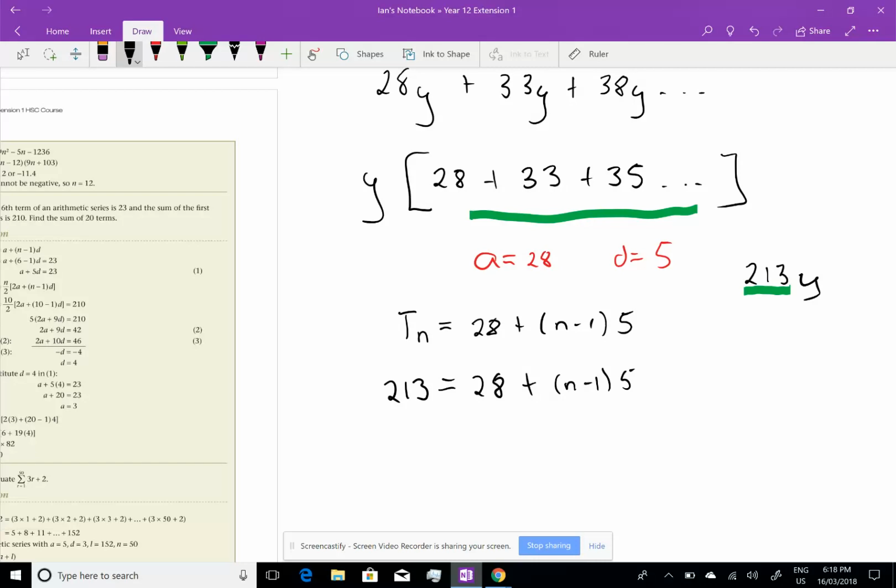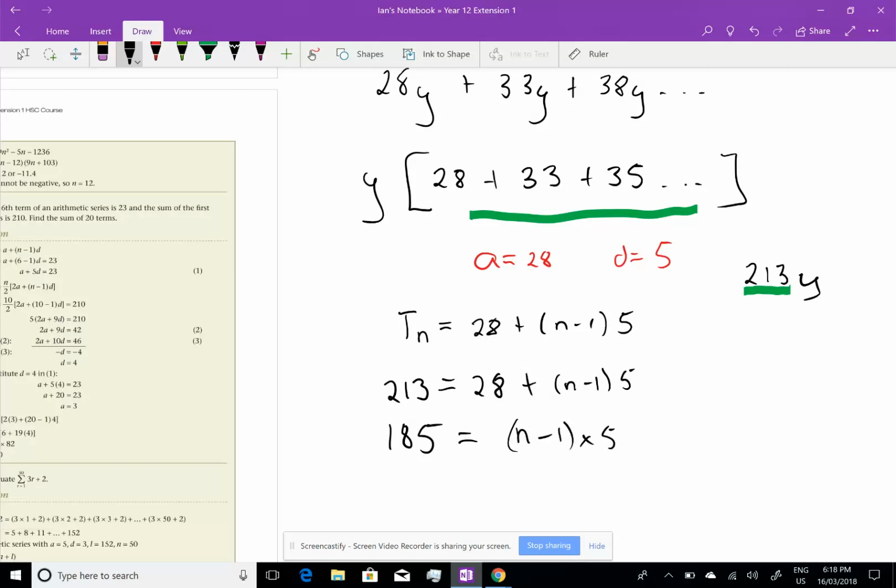So 213 equals 28 plus n minus 1 times 5. So 213 minus 28 gives me, hold on, 185. And that equals n minus 1 times 5.